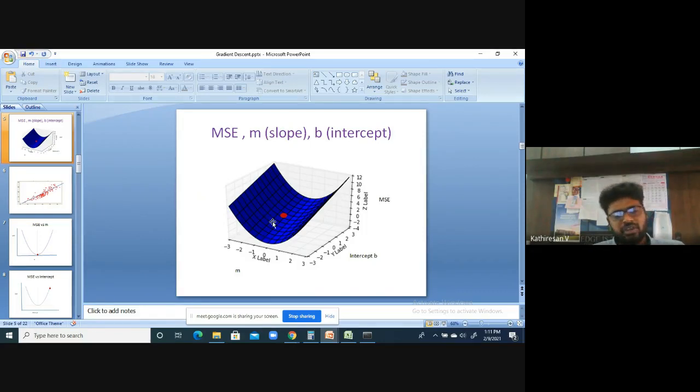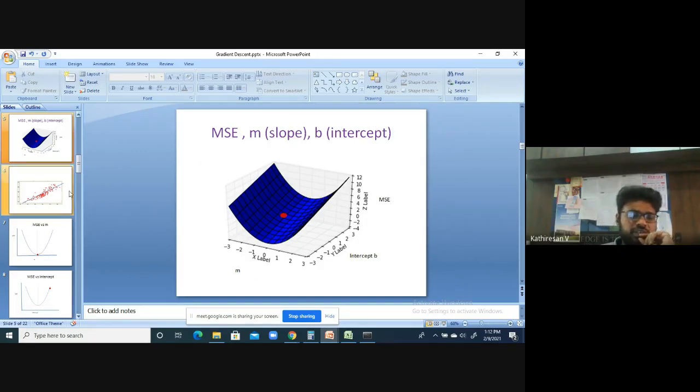That's why we are using the gradient descent algorithm. It finds the minimum MSE, and at that point it takes the slope and intercept. If we plot MSE, intercept and slope in a three-dimensional graph, we get a bowl-like shape. The global minima is the bottom, the center of the bowl.